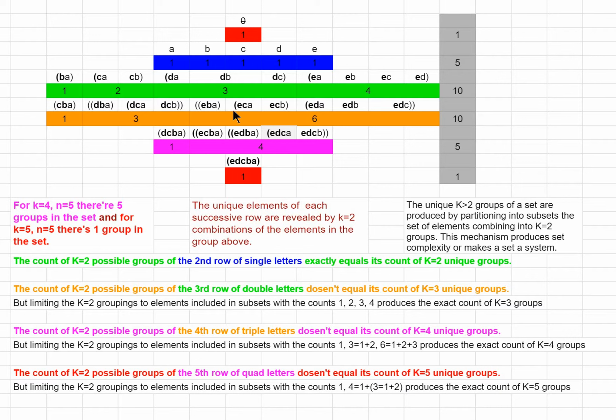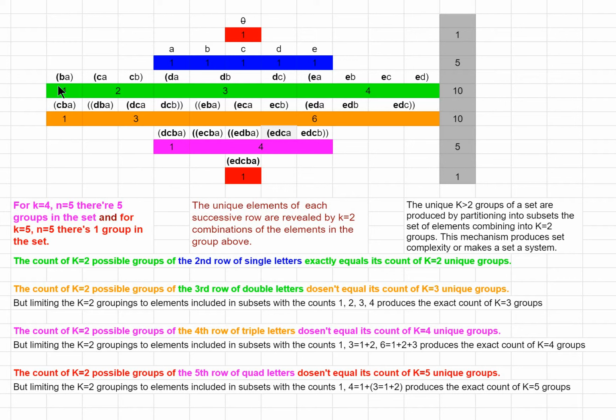That's because there are 10 possible unique k equal 3 groups, but there are 45 possible k equal 2 combinations of this set. So, limiting the k equal 2 groupings to elements included in the subsets with the count 1, 2, 3, 4 produces the exact count of k equal 3 groups.